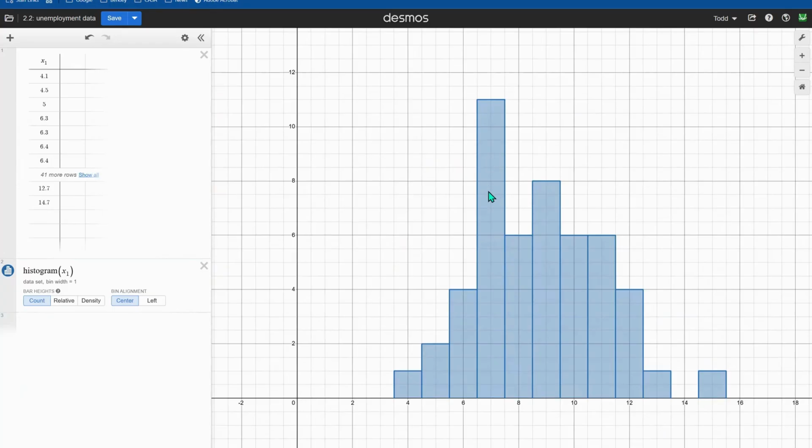So the question is, is this normal or not? Well, the general trend of this data is like a single mound. There's a little exception to this rule, but the general trend is that it's mound-like. So we're going to say, yeah, that looks okay.